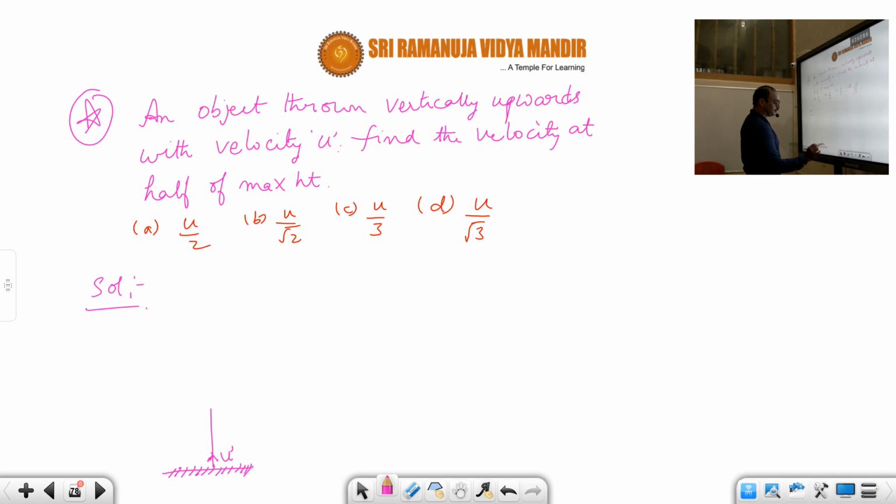Suppose this is the maximum height reached by it, denoted by capital H. Now they are asking what is the velocity at half of the maximum height. Let us take this point, belonging to half of the maximum height. At this particular point, this is the velocity v we are finding. That is our interest.